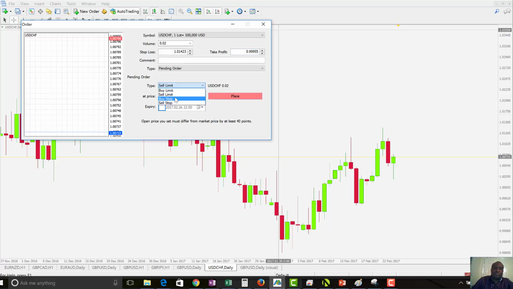Now the other two, starting with buy stop. For a buy stop, since I'm anticipating price to go up, I will place a buy stop order above the current price. As an example, 1.00879.